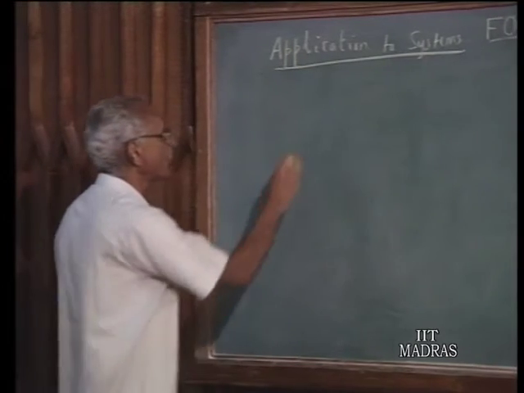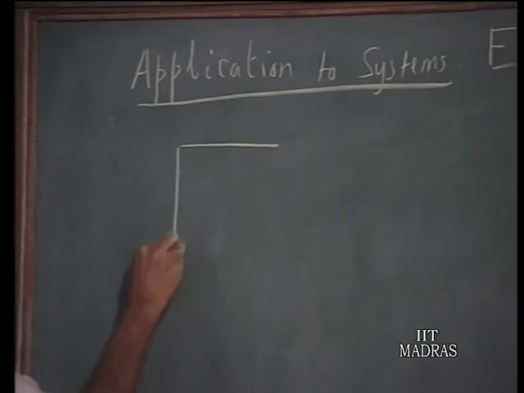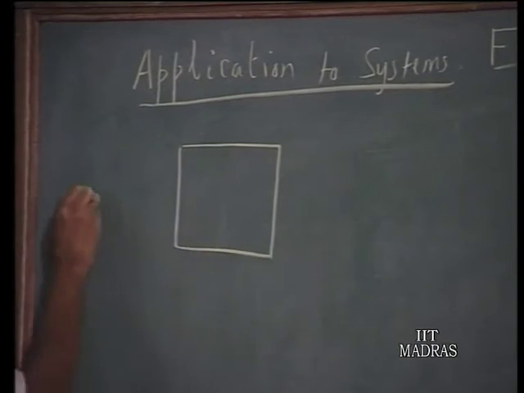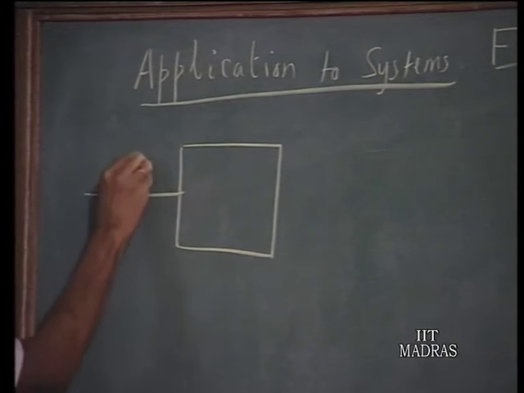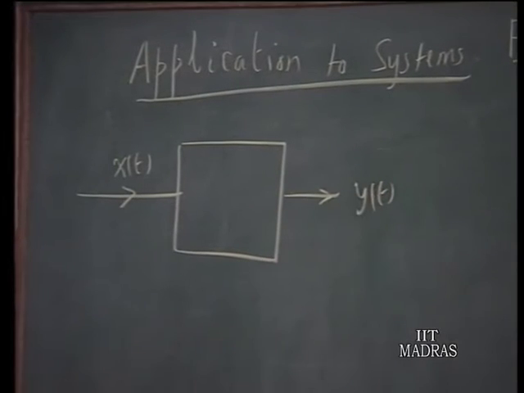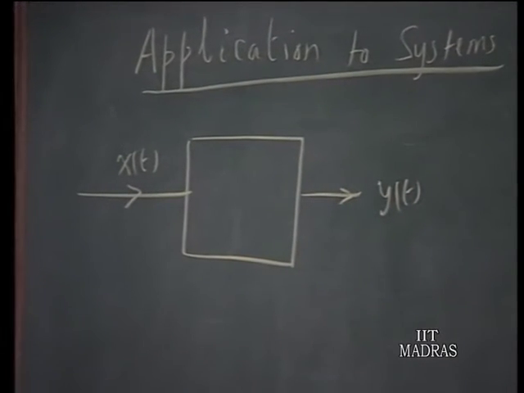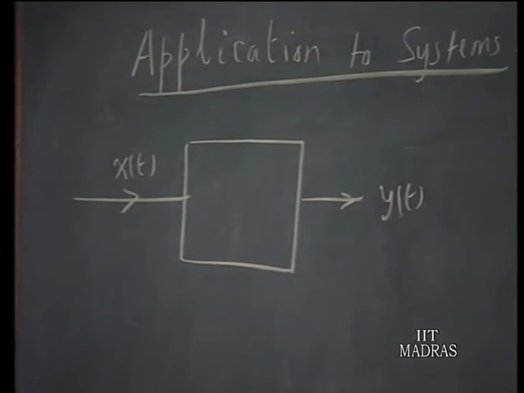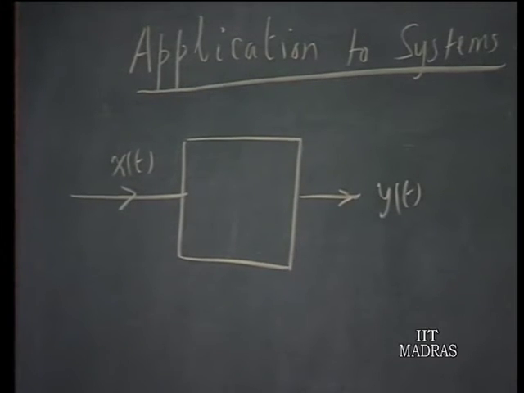So, in the system terminology, if we represent the input and the output as x of t and y of t respectively, this is a linear continuous constant parameter system.